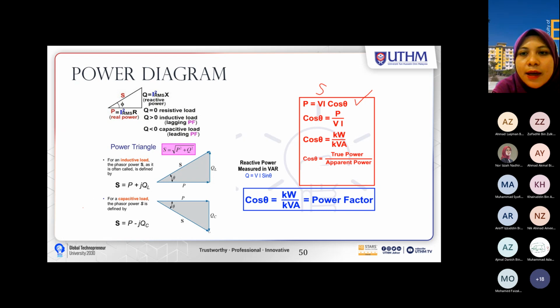Cos theta sama dengan sebelah bagi dengan setentang, P bagi dengan VI, ataupun P bahagi dengan S. Kita tahu S sama dengan IV. So cos theta sama dengan kilowatt bahagi dengan kVA, because unit for the apparent power. So this is the equation that we use if we have to find what is the power factor.